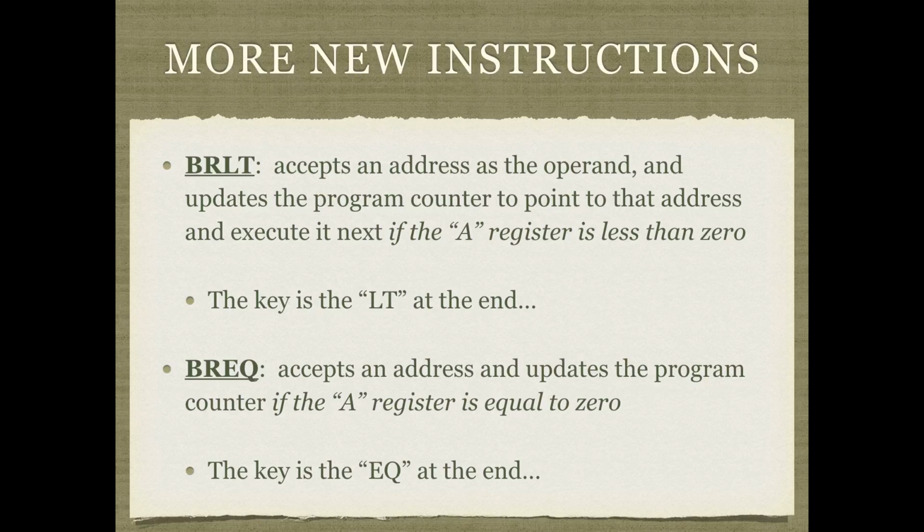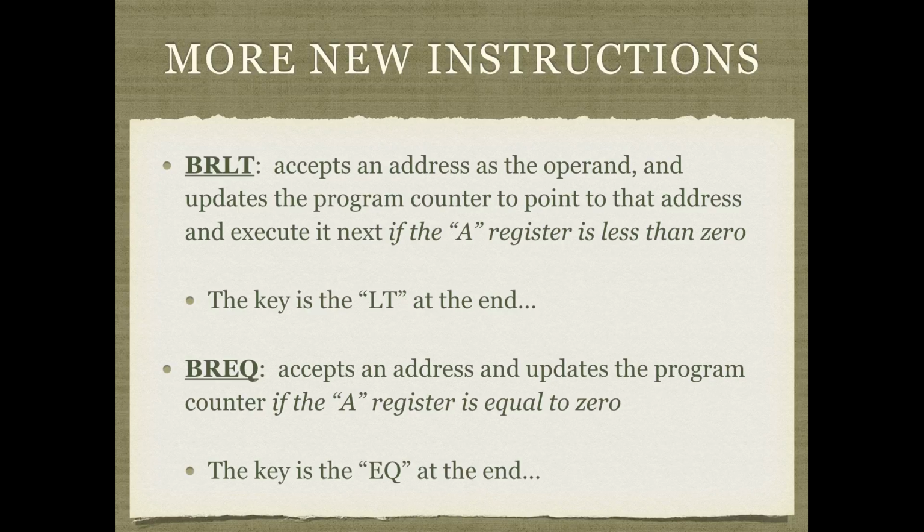The actual updating of the program counter does not happen until the accumulator comparison passes. So if the accumulator is less than 0, BRLT, then the operand value is copied into the program counter. That is when we actually change the execution path of the program.